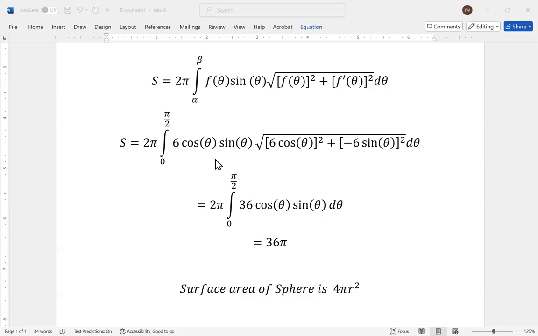So you could have gone and done this whole thing by hand and proved that the surface area of a sphere is 4 pi times radius squared. There are easier ways to do it than this example, but this example is one example where you can see that.